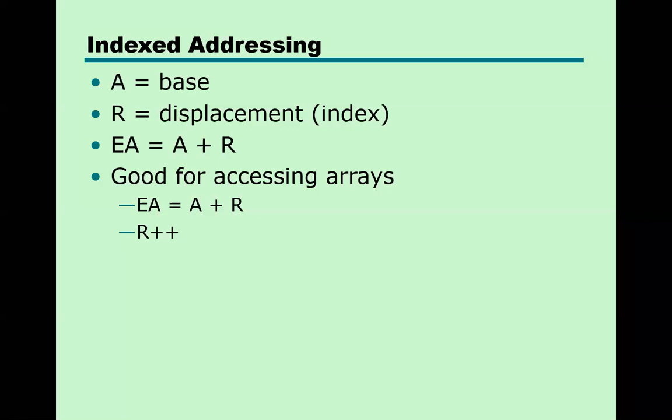R is the displacement or index. So how will the effective address be calculated? The effective address will be calculated as A, whatever value is there, plus the displacement, that is the index value. For example, if the index is 5 and your value is 4, then 5 plus 4, that is 9, is your effective address. So this kind of index addressing is mainly useful in arrays.